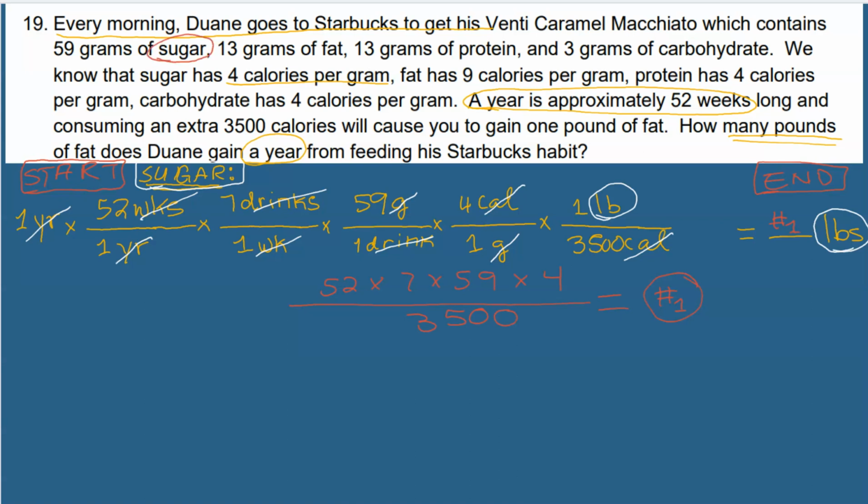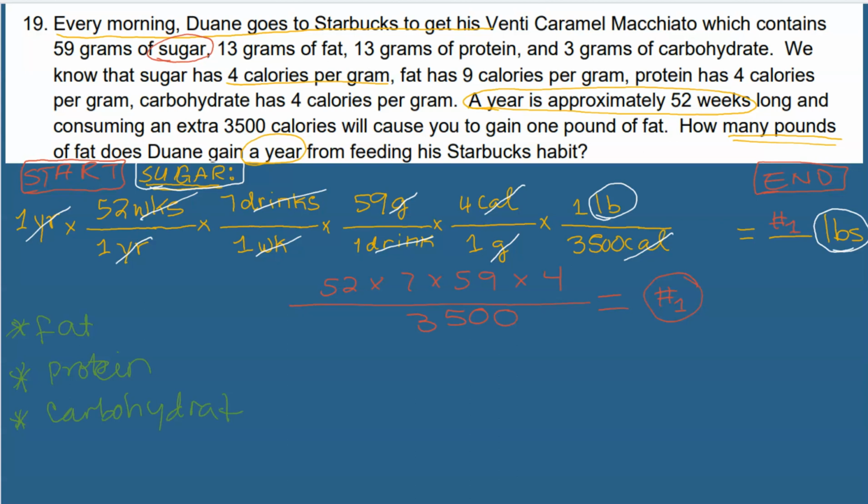That was sugar. Then you would do the same process for fat, and the same process for protein, because each one of these contributes to that weight gain. Then you will do the same for carbohydrates.